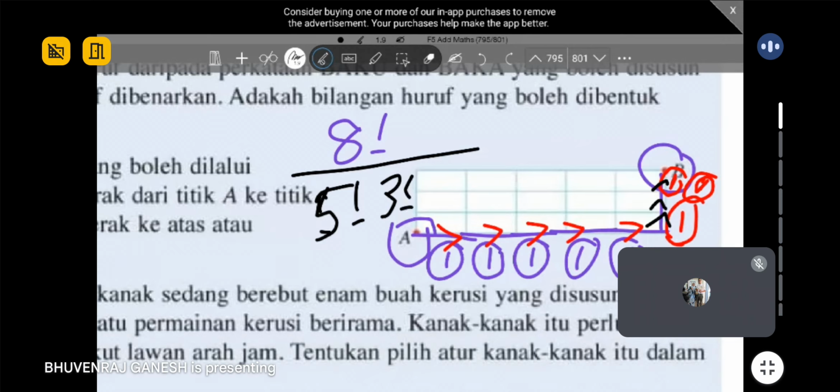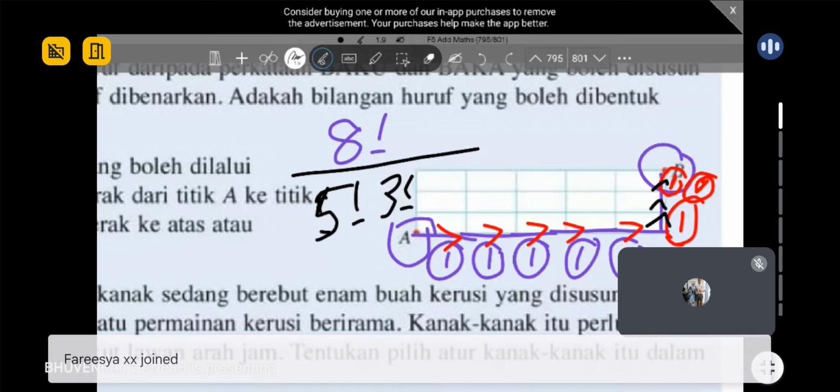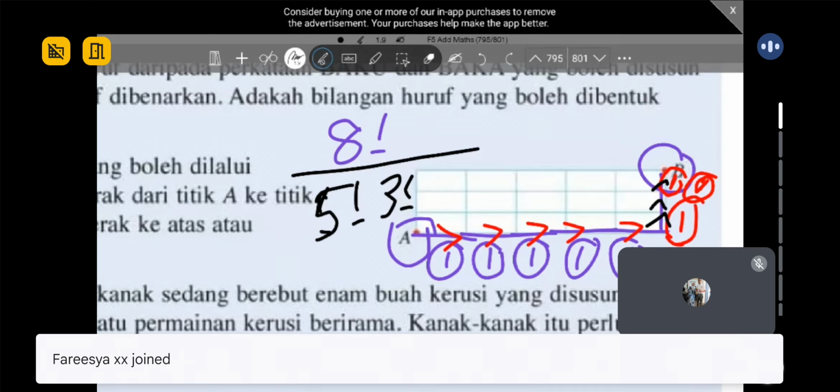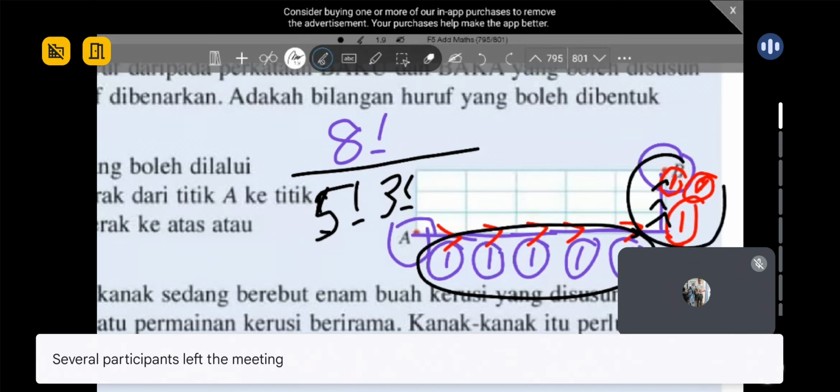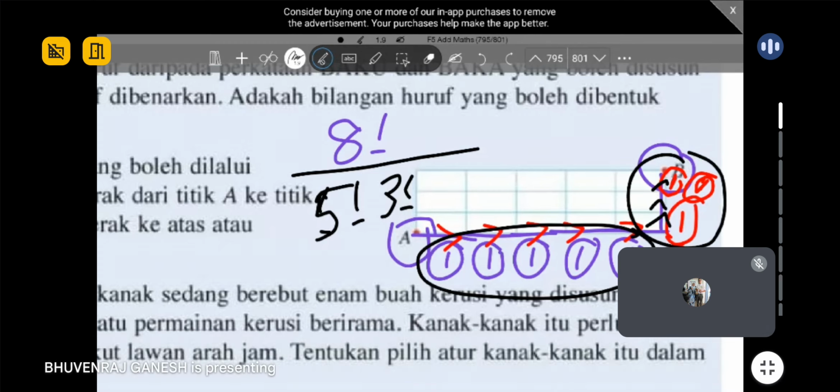Okay, because the same direction is treated as identical. So that's why we divide by 5 factorial for the ones going right and 3 factorial for the ones going up. Can you all understand, guys? So the answer you will get is 56.